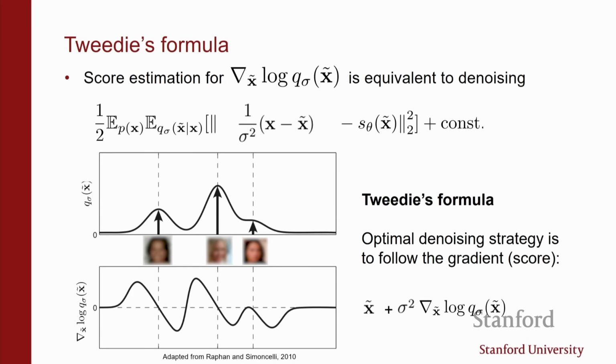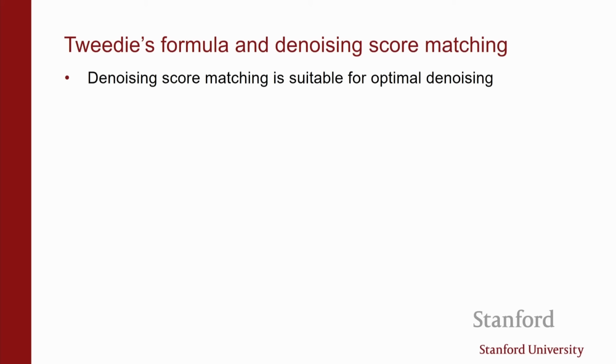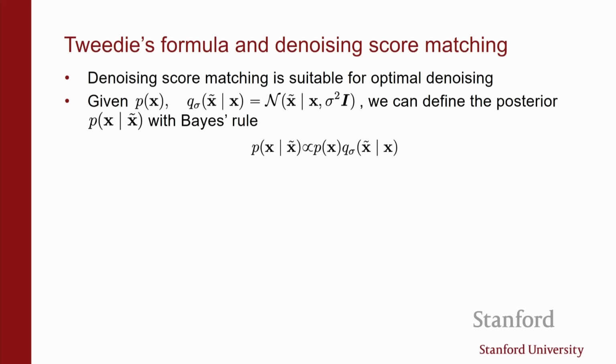What's good about Gaussian is the following. Maybe that will clarify. There is the clean data, and then there is the noisy data, and then there is the posterior distribution of the clean data given the noisy data.